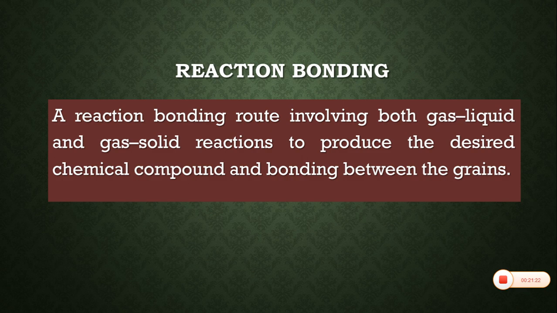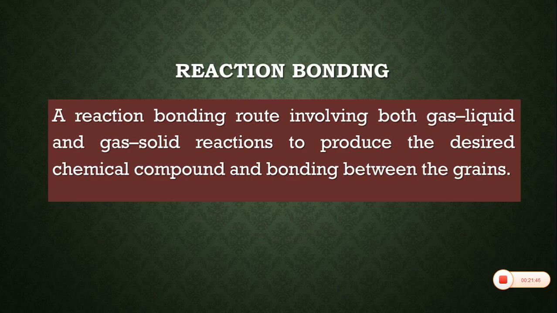Now, we move on to the third gas phase reaction method, which is reaction bonding. The term reaction bonding or reaction forming is commonly used to describe a fabrication route where a porous solid preform reacts with a gas or a liquid to produce the desired chemical compounds and bonding between the grains.